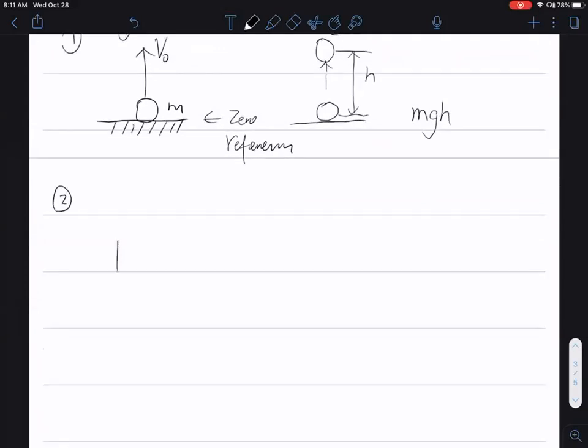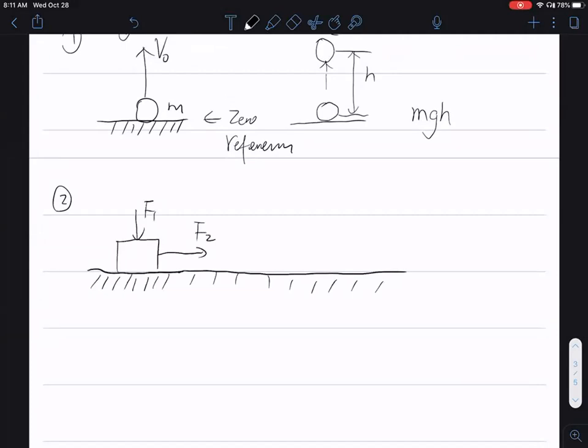Now let's look at another case. If we have a box and a smooth surface, we apply 2 forces on this box. One force is going down. Let's call this F1. Another force is going to the right.